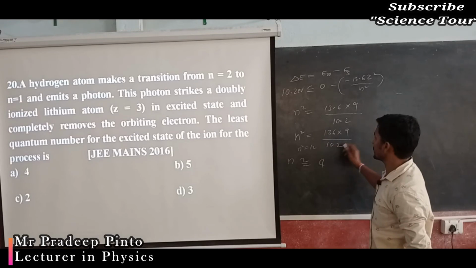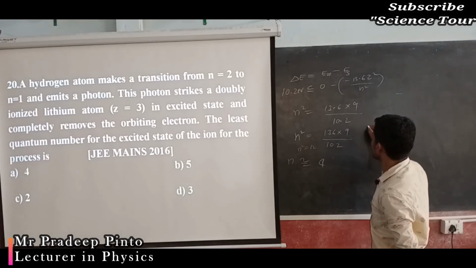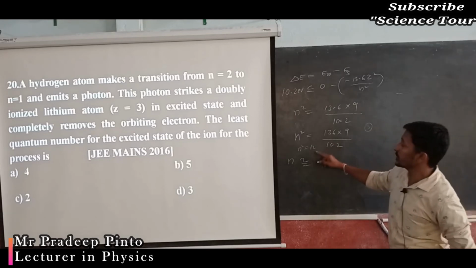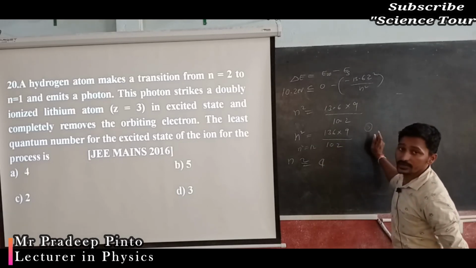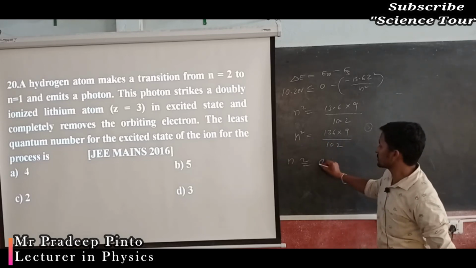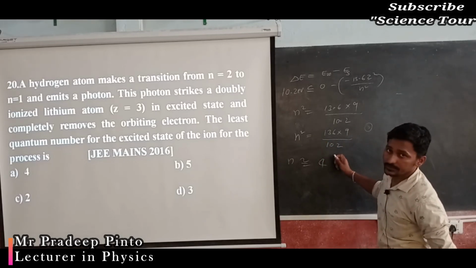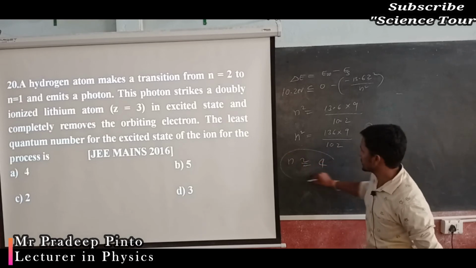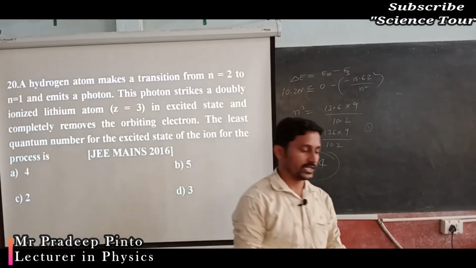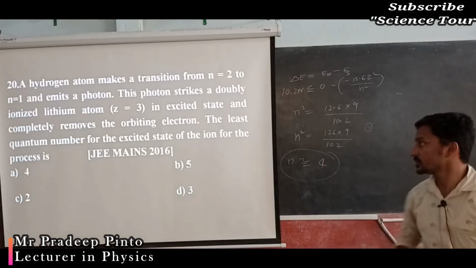So 12 means, here you can write down 3, because 3 3s is 9, no? Here you can say 3, less you can't make out, no? Because see, it must be more than that energy. So that n is nearly equal to 4, it must be n is equal to 4 in that way, okay? So that is the thing.